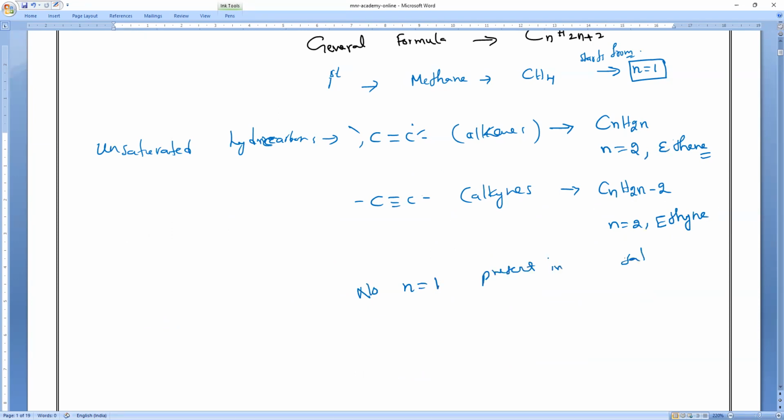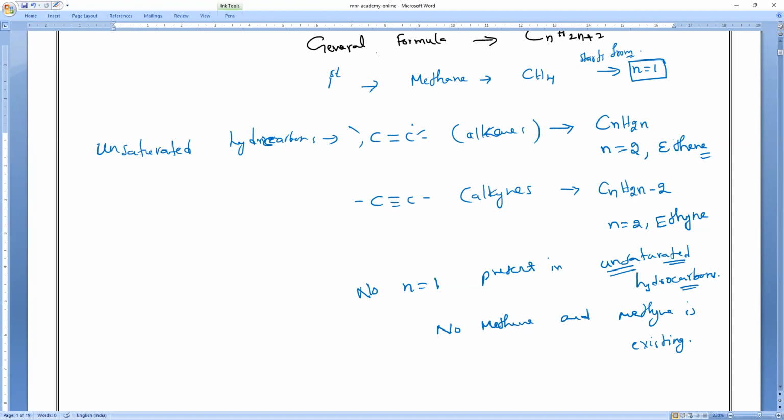So n equals 1 is not present in unsaturated hydrocarbons, which means there is no methene, while methane exists. You understand, all of you?